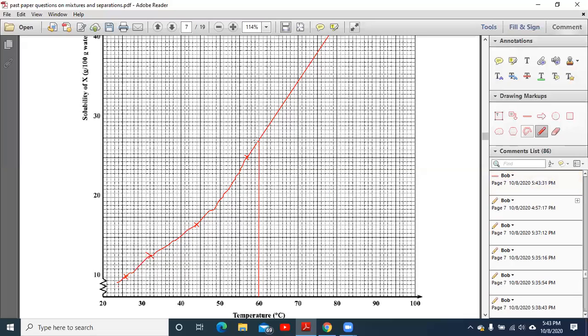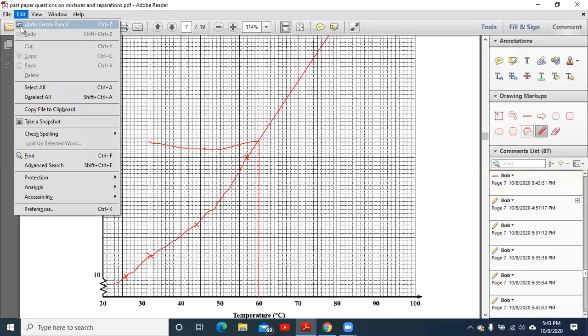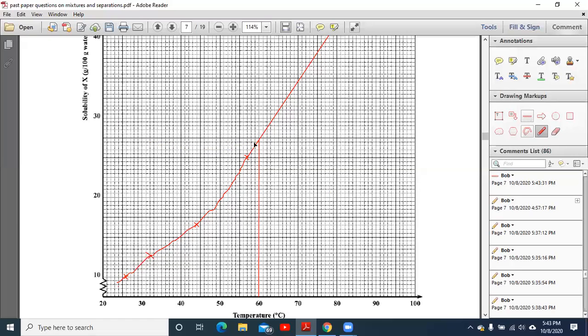And then to get your solubility, you just, oops, wrong tool, take my straight line tool. You just go across to your solubility axis and read off what you have there.